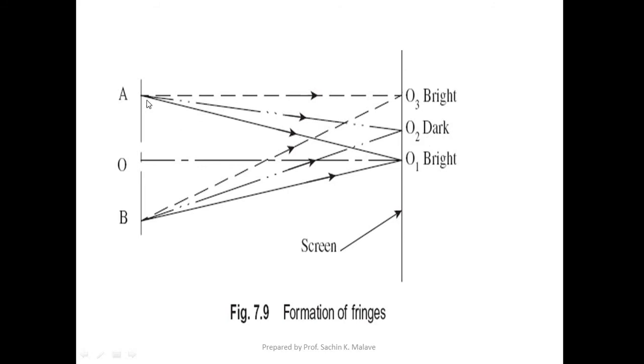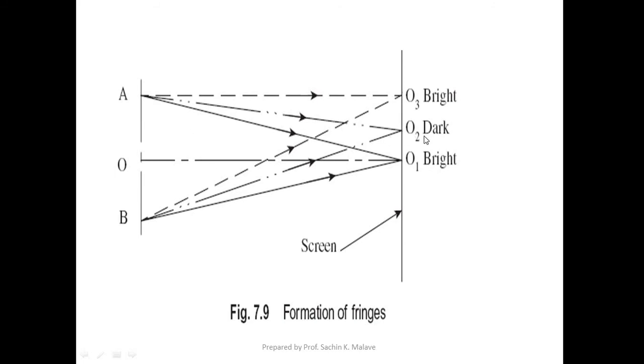So O2A is the distance traveled by wave A, and O2B is the distance traveled by wave B. The distance traveled by both the waves is the same. Both the waves have started at the same time, therefore the path difference between the two waves is 0.